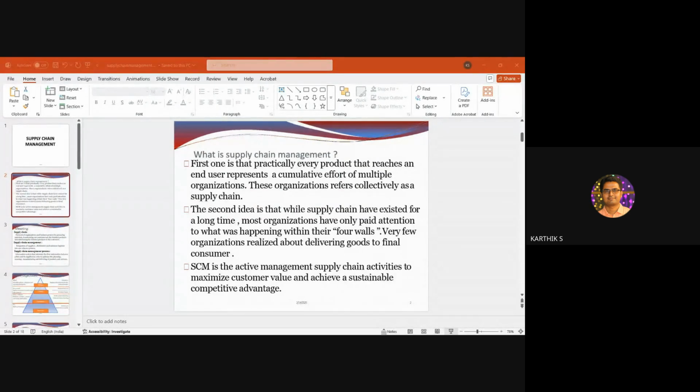Only then will we get feedback that helps us value the customer. Once you start valuing the customer, the feedback mechanism will help you identify the incompetence that your product has compared to other products existing in the market. So one of the main objectives of SCM is that.